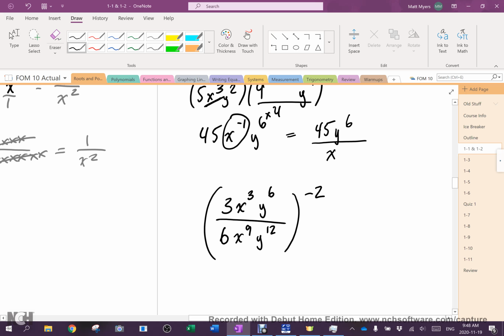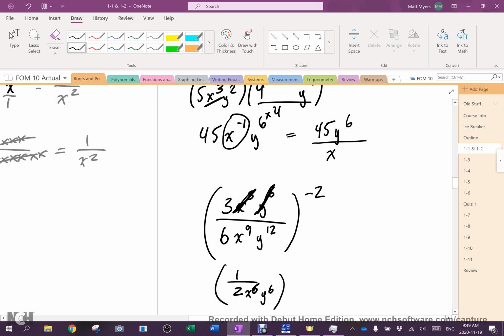And that would get you 1 over 2, 3/6, 1/2. 3 and 9. If there's 3 up top and there's 9 down below, I can get rid of those 3, and I can get rid of how many of these? 3. So that would be x to the what? 6th. And if there's 6 up there and 12 down there, I can get rid of those 6. What's down here? 6.